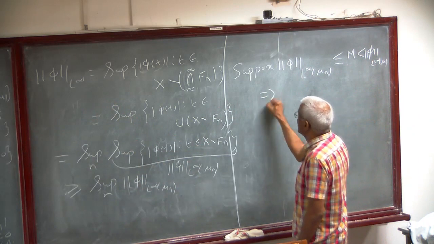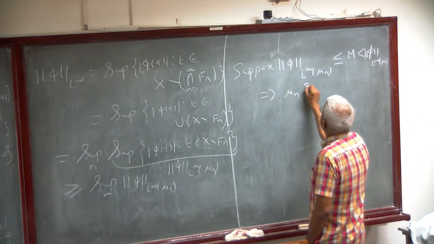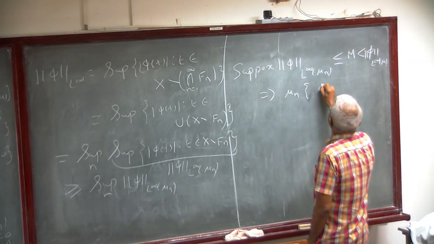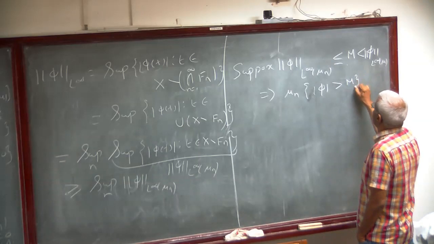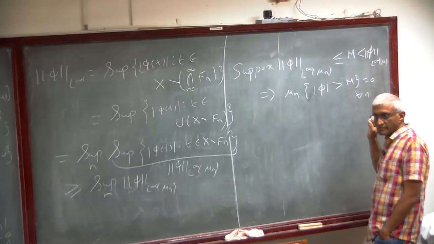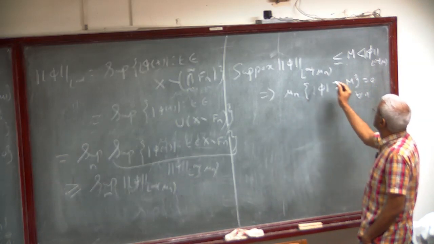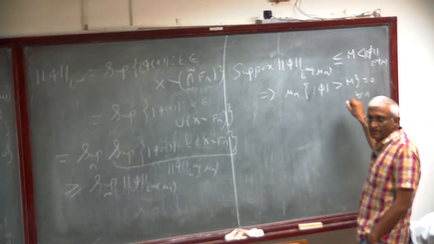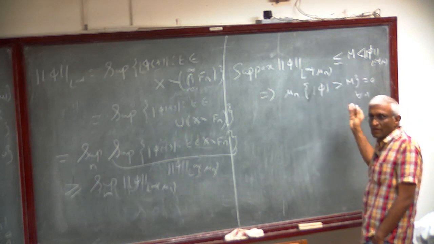This implies mu n of the set where mod phi is greater than m equals 0 for all n. That's the definition of this. This is less than or equal to this, and this is the infimum of all such m, so this is true.